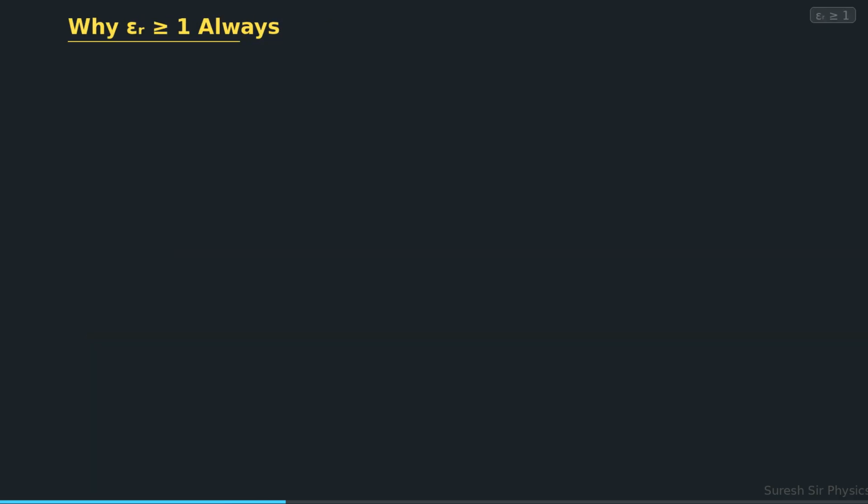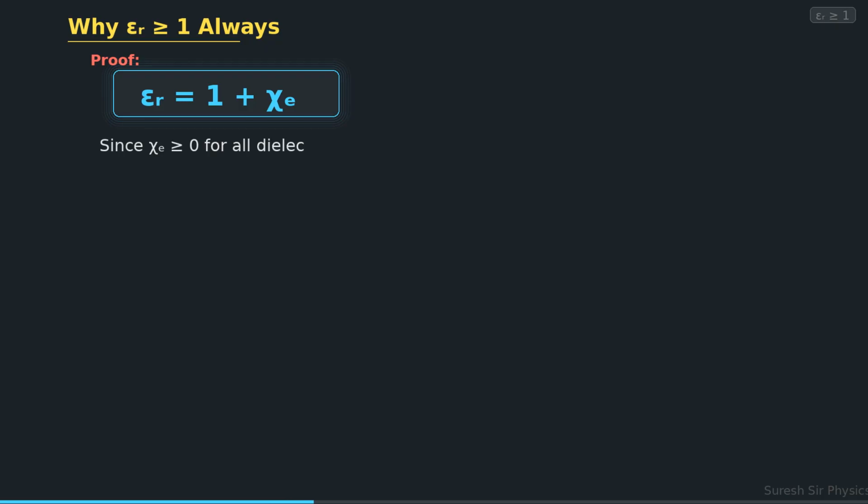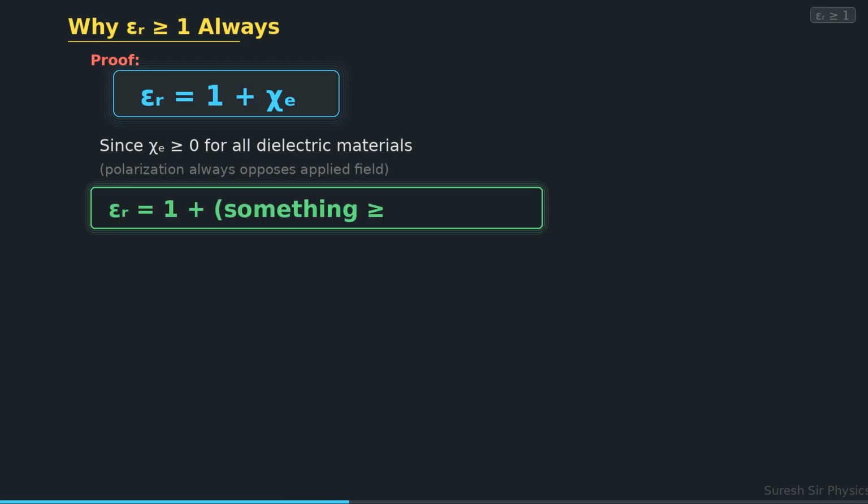Why is the dielectric constant epsilon r always greater than or equal to 1? Proof. We know that epsilon r equals 1 plus chi E. Since chi E is greater than or equal to 0 for all dielectric materials, polarization always opposes the applied field for linear dielectrics. So, epsilon r equals 1 plus something greater than or equal to 0, hence greater than or equal to 1.